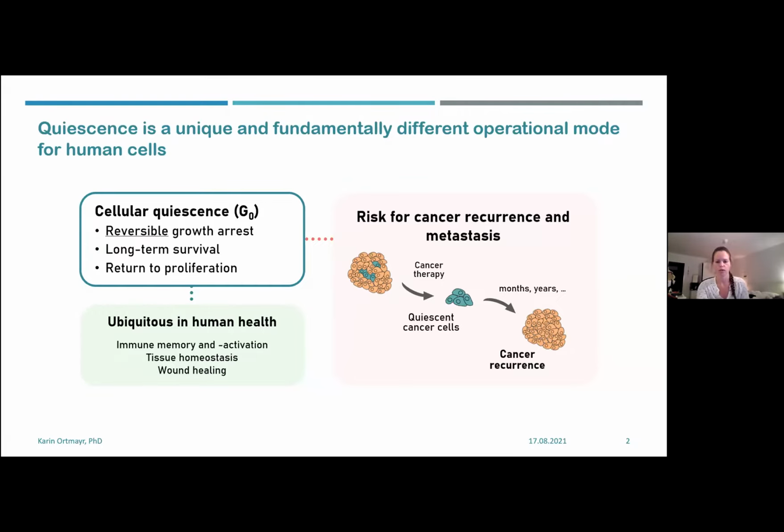There have been reports that small subpopulations of cancer cells can exist in this quiescent state in vivo in the patient. They can survive the cancer treatment and remain almost undetected for long periods. And after those times can still give rise to renewed tumor growth, which is then called cancer recurrence. And this is actually quite a big, long-term issue in clinics and is still unsolved.